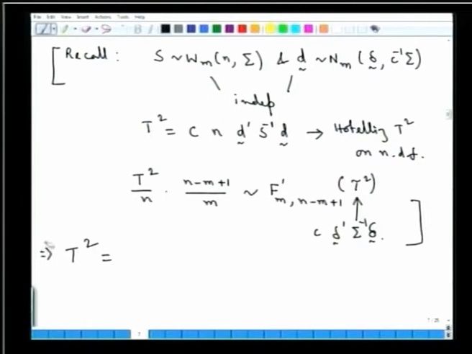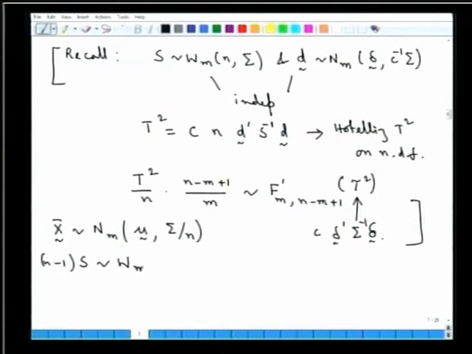Now let me write that statement once again here so that it would be easy for us to see why the parameters are that. This was having a multivariate normal distribution with a mean vector mu and a covariance matrix as sigma by n, and our n minus 1 S n minus 1 actually was having a Wishart distribution on n minus 1 degrees of freedom and an associated variance covariance matrix as sigma. So this falls in line with this particular definition.